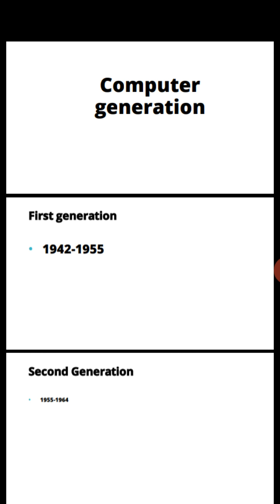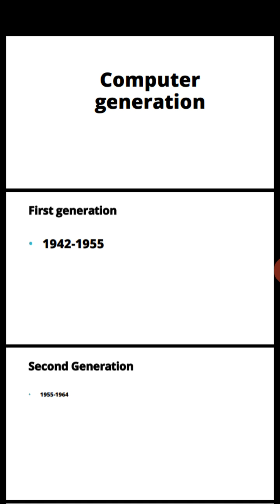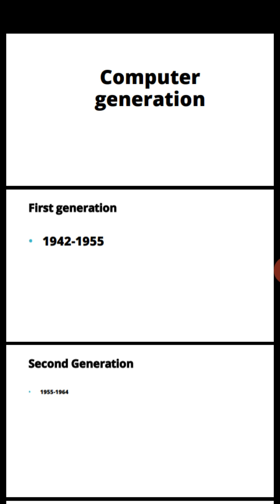Next, the characteristics and features of the first generation. Listen. They were the fastest calculating devices of their time. They were too bulky in size, requiring large rooms for installation.